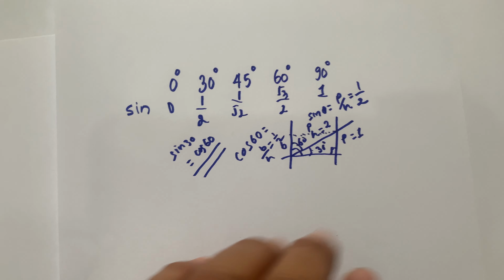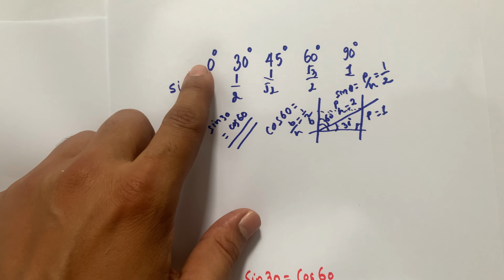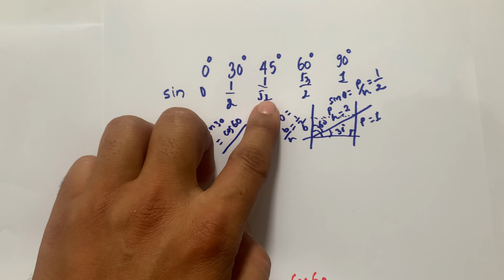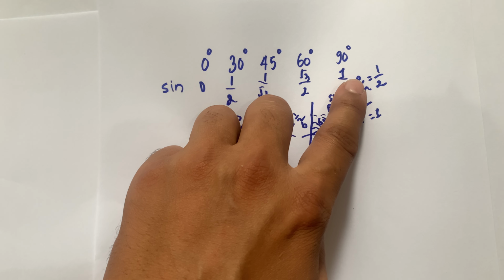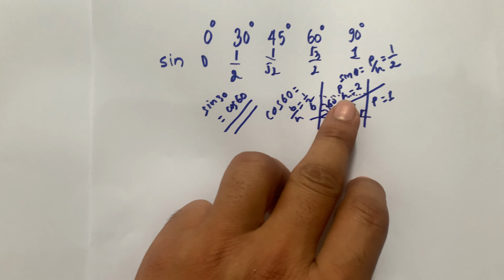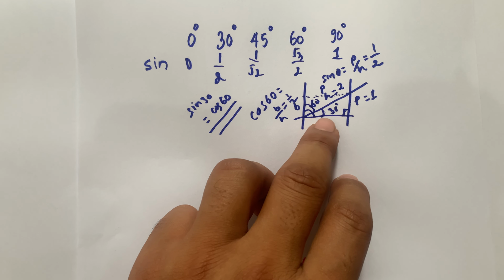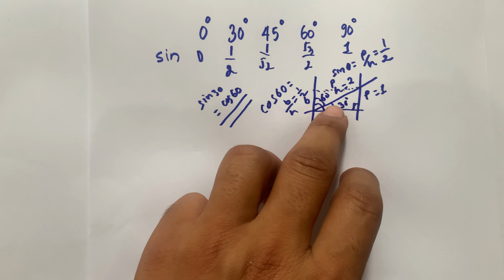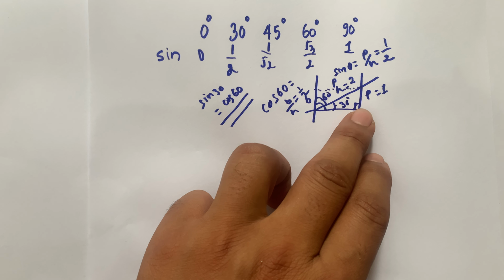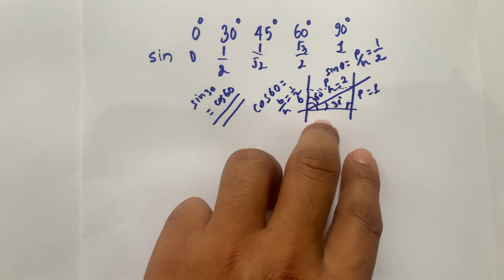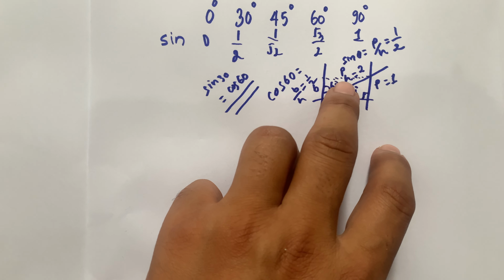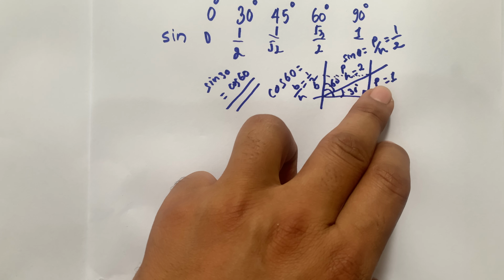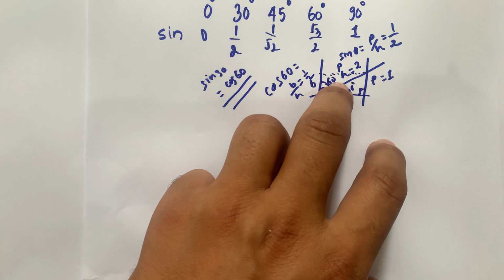Here I have another question. Sine 0 is 0, sine 30 is 1 by 2, sine 45 is 1 by root 2, sine 60 is root 3 by 2, and sine 90 is 1. But here we are making a diagram: 30 degrees for this, and here 90, this is the hypotenuse. Sine 30 means P by H. If P is 1, then H must be 2.